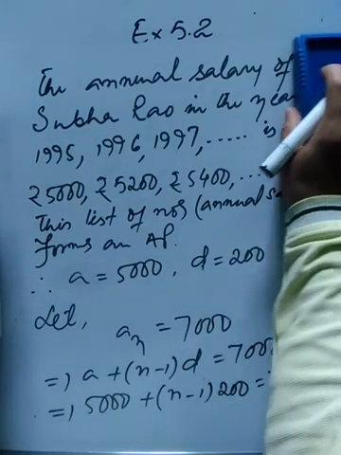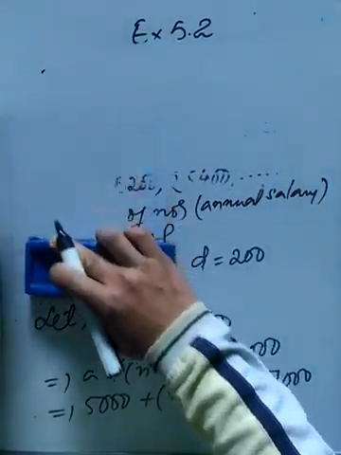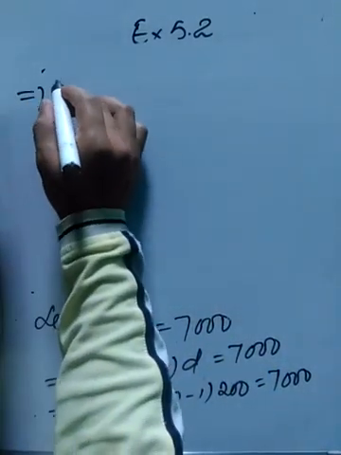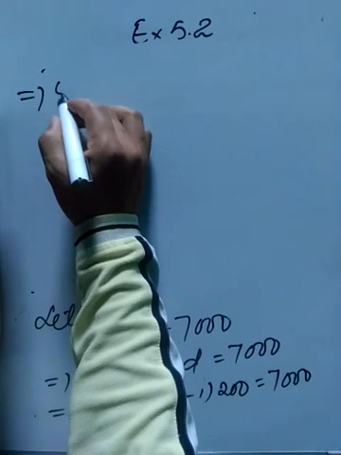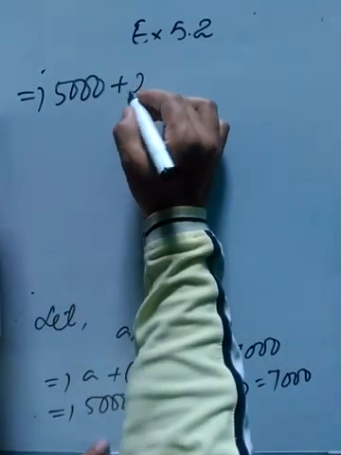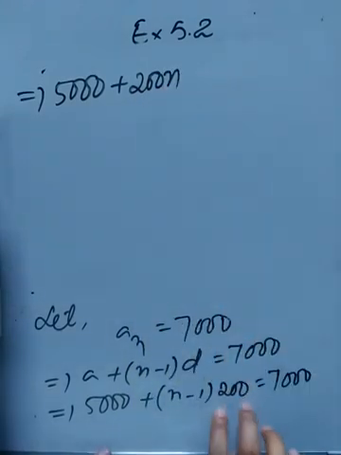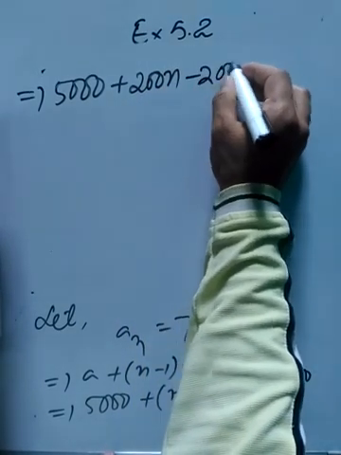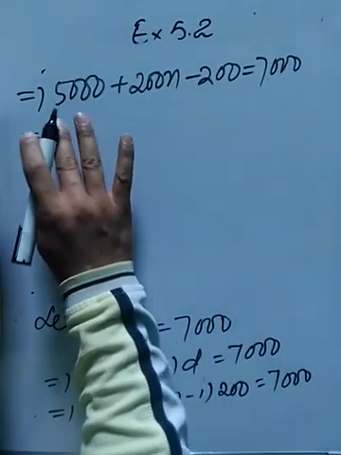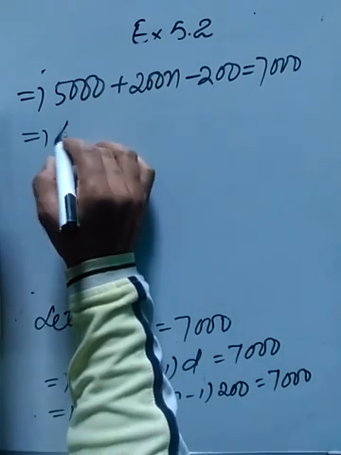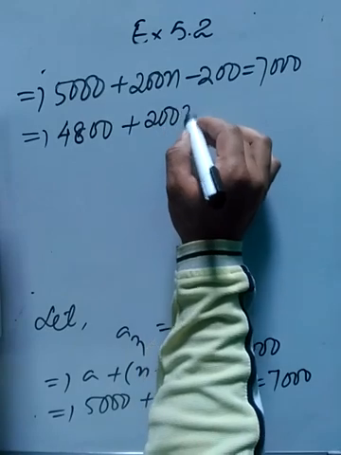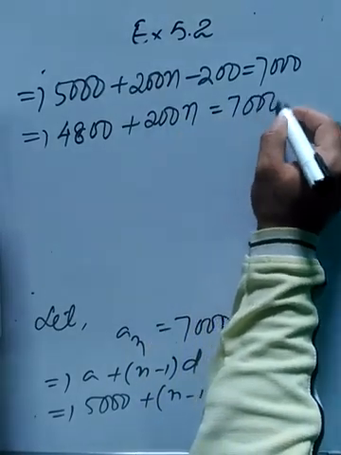So here 5,000 plus 200 into n, and 200 into minus 1 will be minus 200, then 7,000. So 5,000 minus 200 will be 4,800 plus 200n will be 7,000.